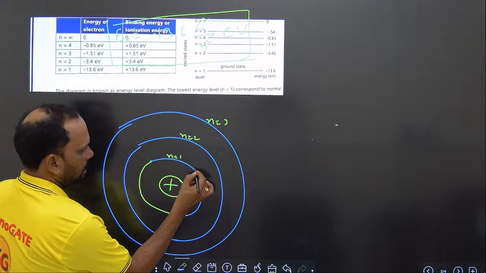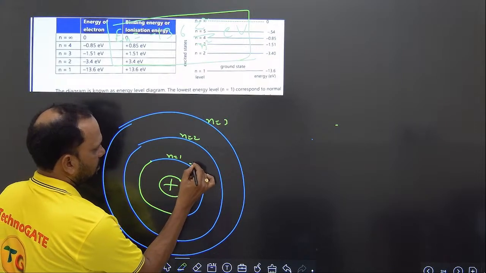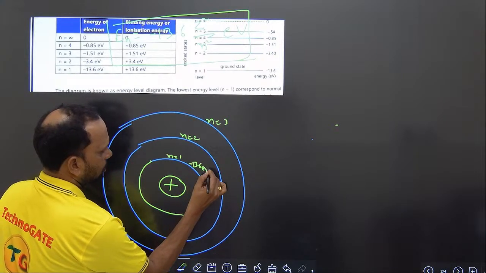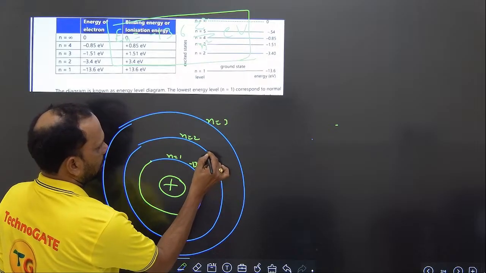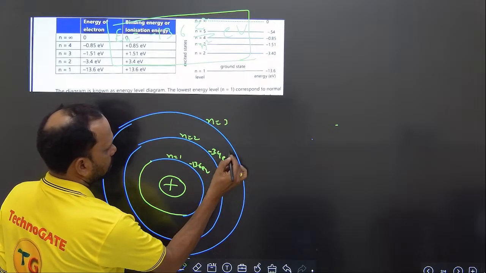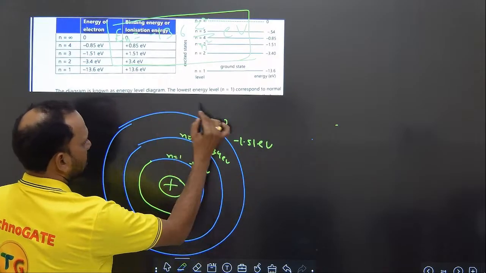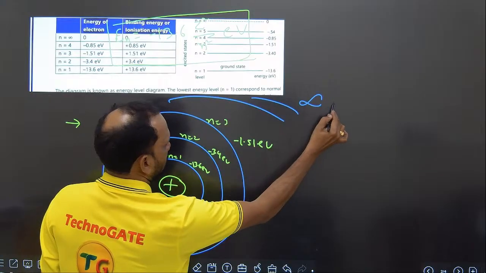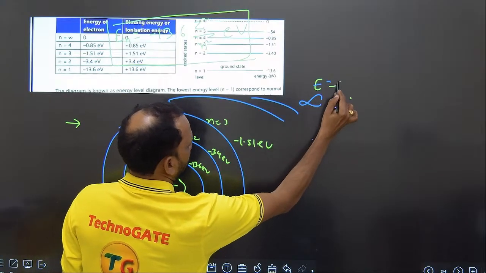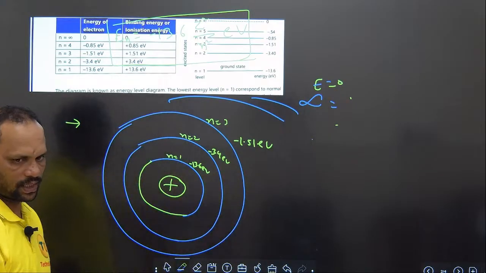Here the energies are minus 13.6 electron volts, minus 3.4 electron volts, and minus 1.51 electron volts. Like this, if you go to infinity, the energy is equal to 0. At infinity, energy equals 0.